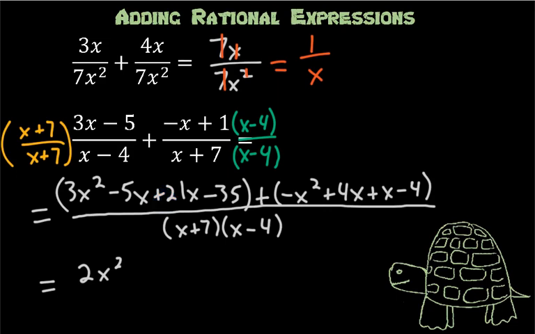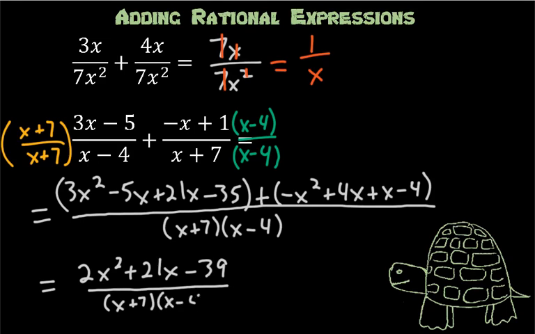And so that 16x I'm going to add to 5x. That's going to leave me with plus 21x. And then minus 35 plus a negative 4 is going to be minus 39. And all of that is over the quantity x plus 7 times the quantity x minus 4.